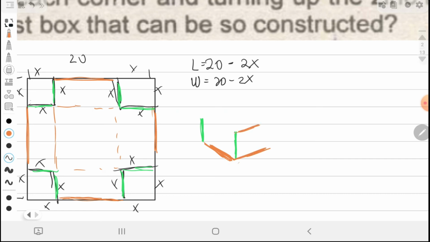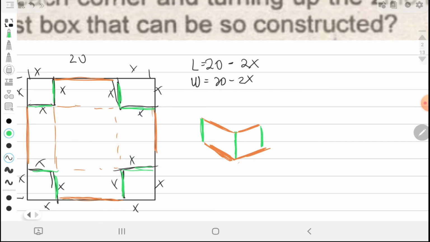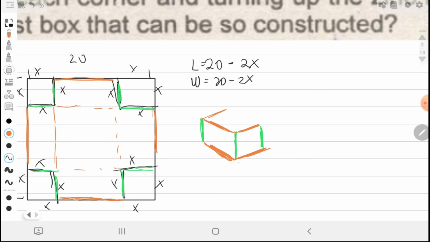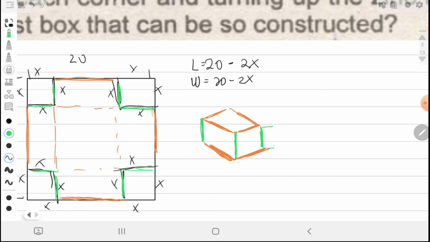And then the orange colors, ayan yung i-flip natin na value ng ating length and width. So as you can see, yung green na flip natin is a value of x nga. Tapos yung naiwang dalawang orange natin is equal to 20 minus 2x. Of course, 20 less 2x din to.